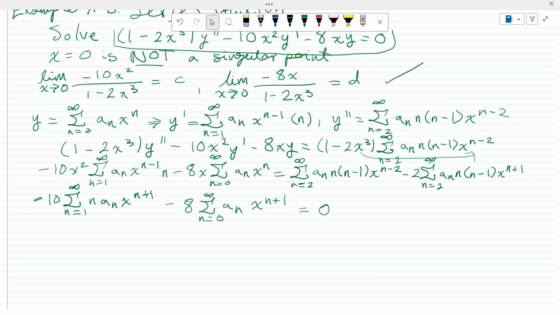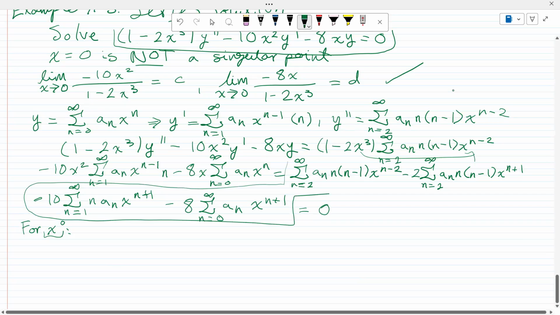Okay. So, because we know all of this is equal to 0, we have to figure out the coefficients for each power of x, right? And we can expect the coefficients to be equal to 0, okay? So, using this equation right over here, we'll see wherever we actually get an x to the 0 expression.